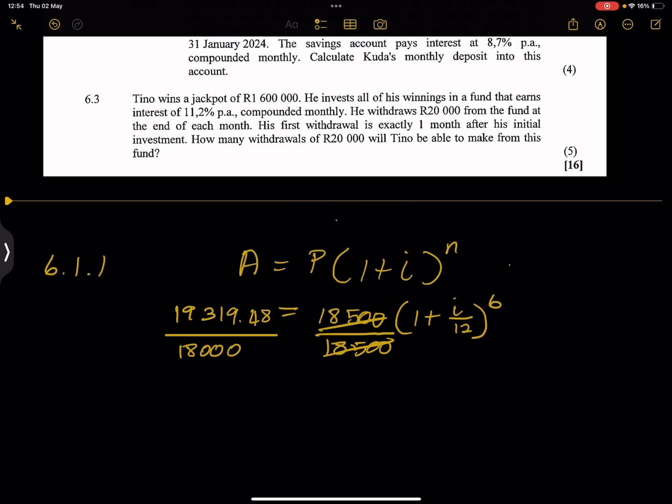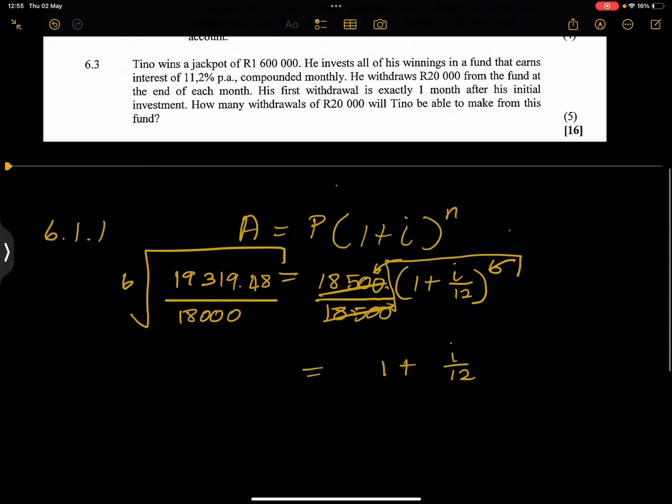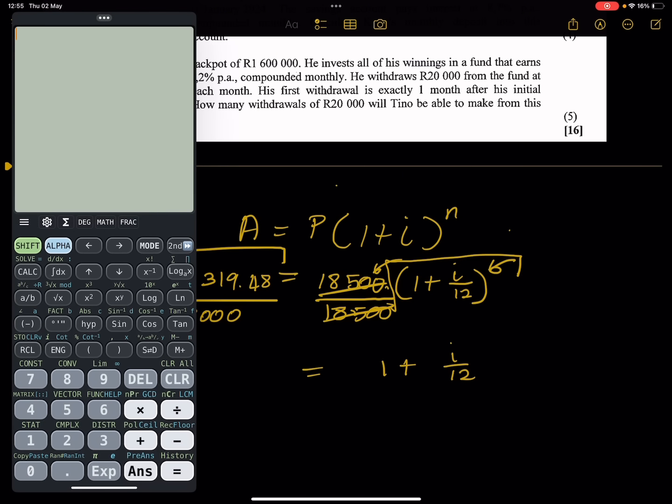And what I'm going to do is take the 6th root of that, so that we actually have 1 plus i over 12. Okay, and obviously what we do on the left, we have to do on the right. I'm going to take the 6th root of that and start calculating the value of i. Right, so let's start there.